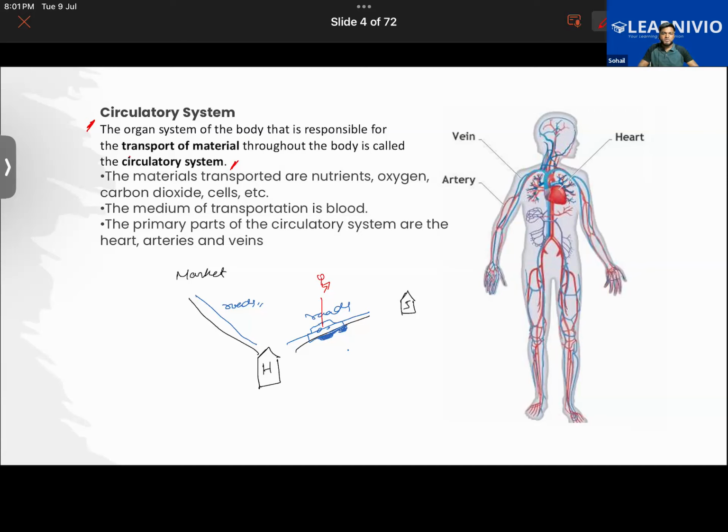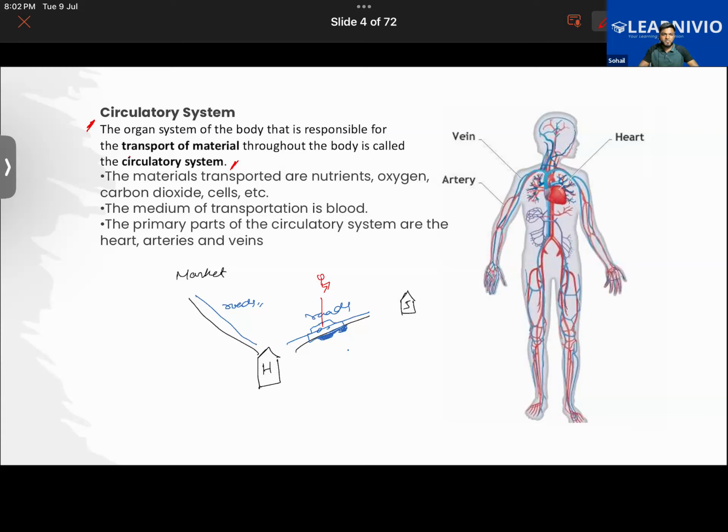See, here we are not talking about blood in the context of organ system and special tissues, where we refer to the heart, veins, arteries, and blood vessels. Blood is the liquid medium in which the transport of food, oxygen, and other things takes place.